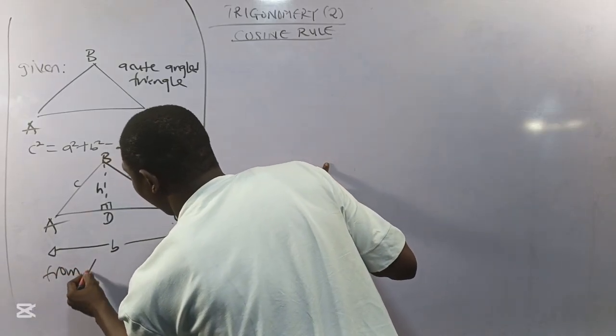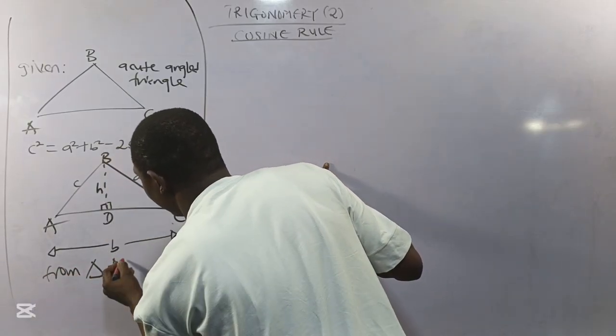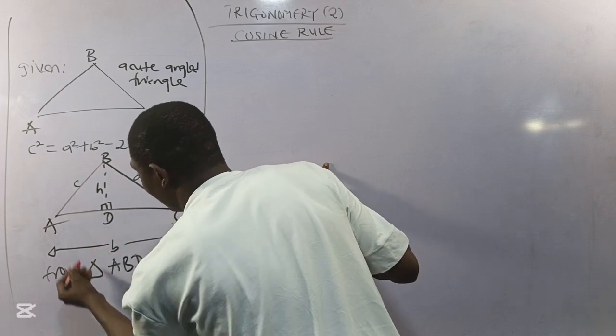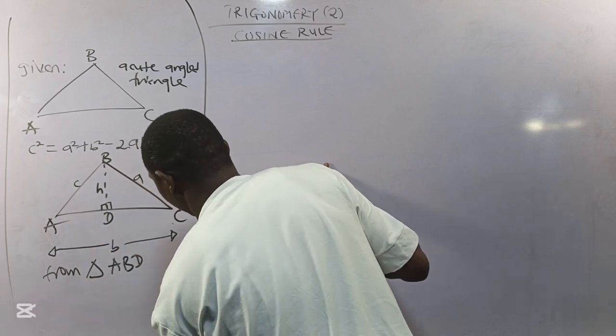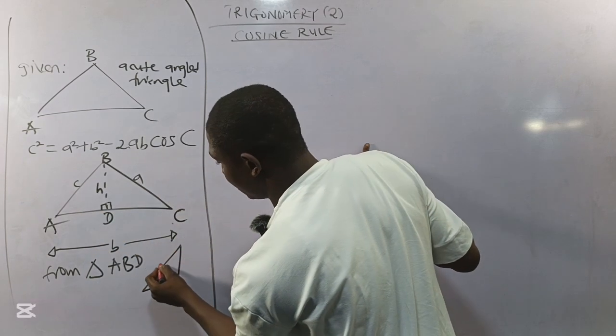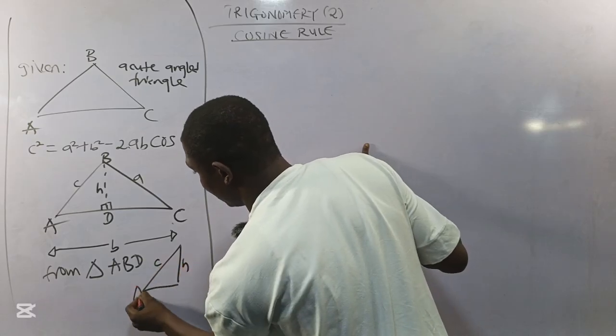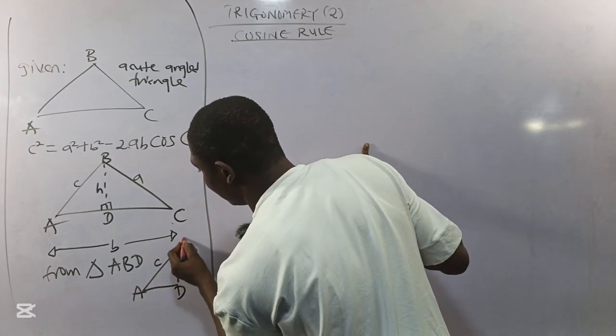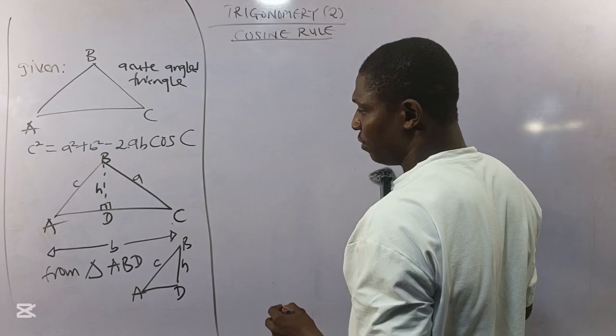So I can have, from triangle ABD, this triangle here, with sides c, h, and AD.